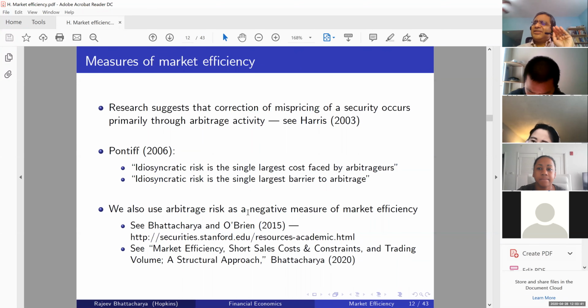Arbitrage risk is a generalization of idiosyncratic risk, which I have discussed in these slides, and is also discussed in our paper of 2015, which is profiled on Stanford's website, and in this paper on market efficiency, short sales costs and constraints and trading volume, also posted on Blackboard.